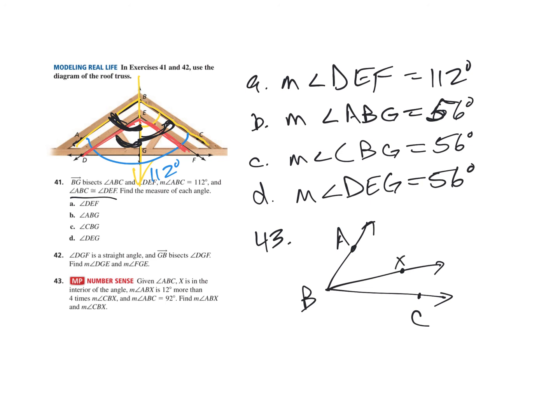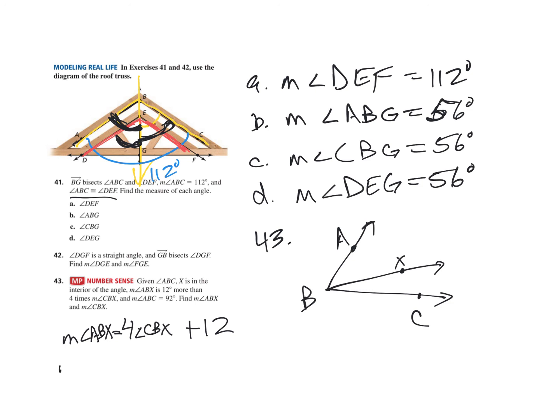ABX is 12 degrees more than, so plus 12, 4 times CBX. So that's the measure of angle ABX. ABX is 12 degrees more than 4 times CBX.